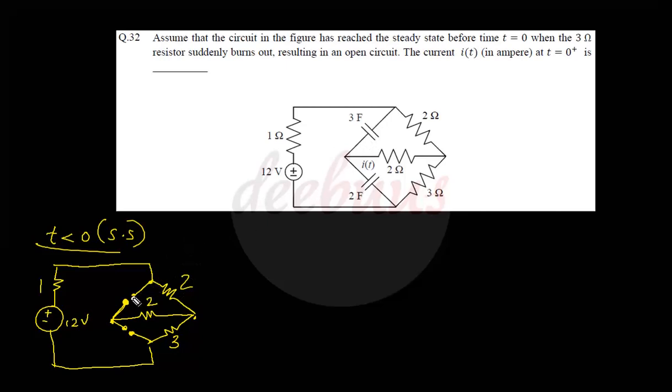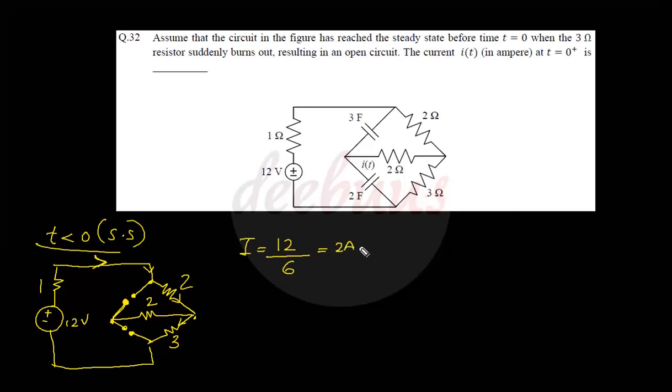Check it. The 3 farad capacitor is open circuited, similarly the 2 farad capacitor is open circuited, and the current flowing in this path enters this point, moves to this 2 ohm, and moves to this 3 ohm and completes the flow. So the total current in the circuit, that is the current flowing through this 1 ohm, is I equal to 12 volt divided by total resistance 1 plus 2 plus 3, so 6.